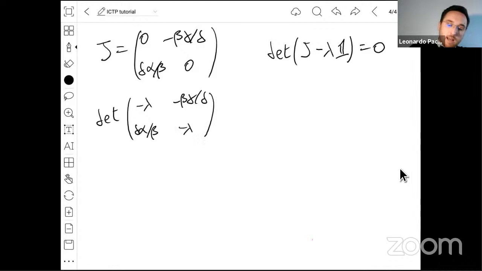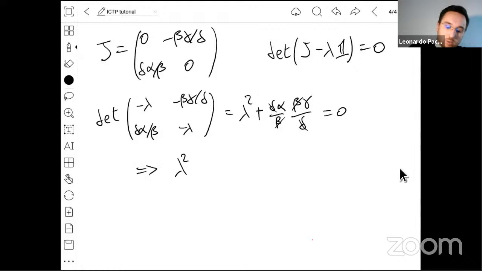which is lambda squared minus delta alpha over beta times minus beta gamma over delta. So you see that here we have delta and beta that cancel out, and this must be equal to 0. So in the end, we have lambda squared equal minus gamma alpha.